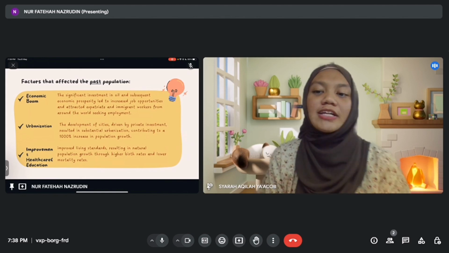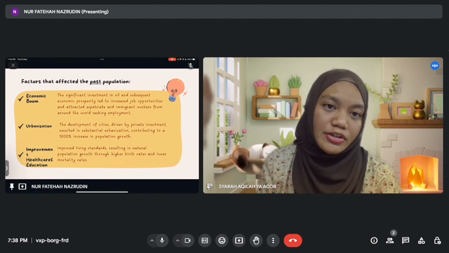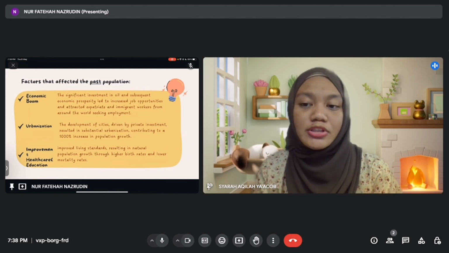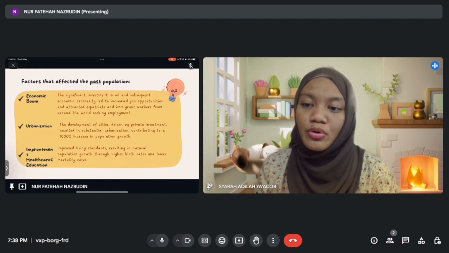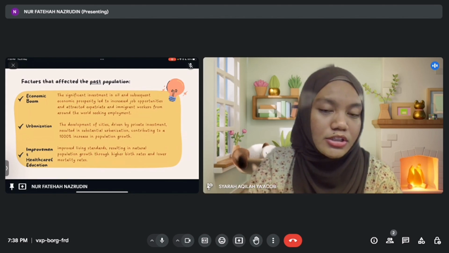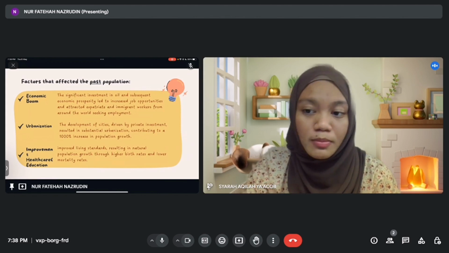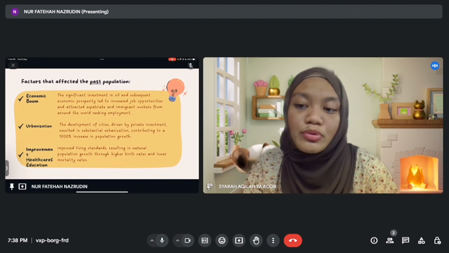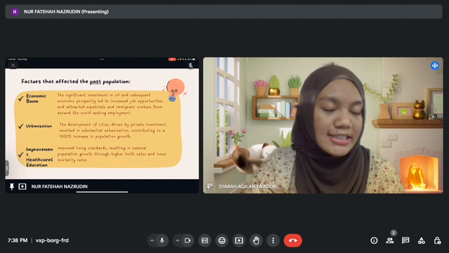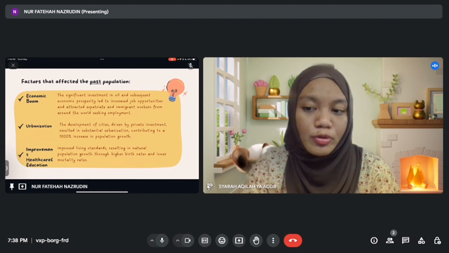Now let's go to the factors that affected the past population. Why did the population increase greatly? First thing first is the economic boom. UAE is known for its amazing oil industry, and this attracted more immigrant workers from around the world to apply for jobs, which led to increased population. Secondly, urbanization.